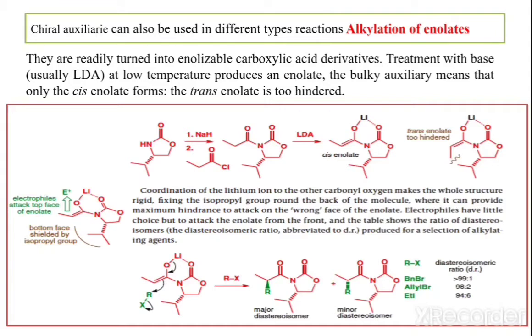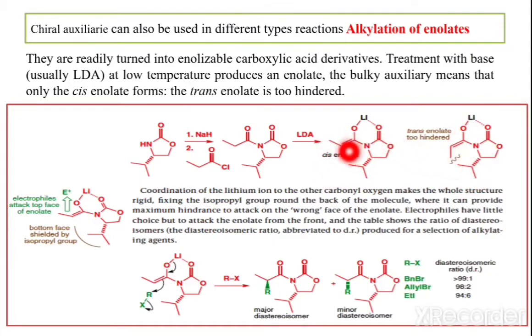Now in alkylation of enolates, the most important thing is the addition of the electrophile. First step, when you use LDA, there is formation of the enolate. Here, in this reaction, the cis enolate is more preferable as compared to the trans enolate, because the trans enolate has some steric hindrance.